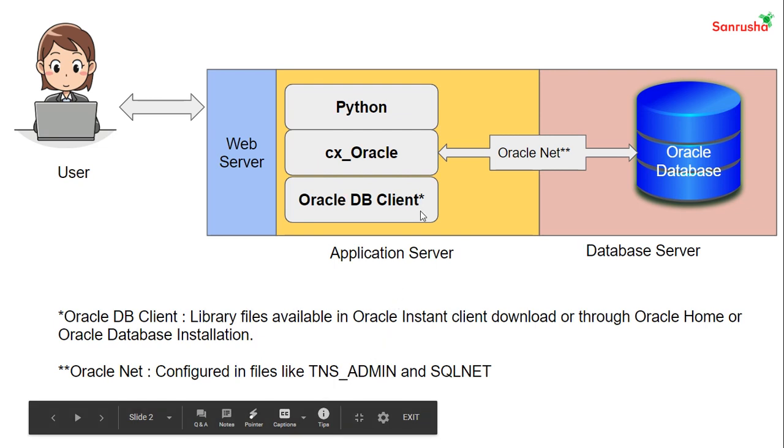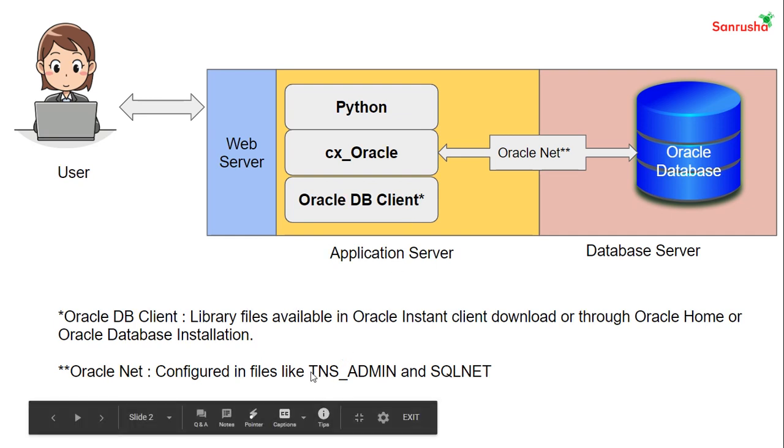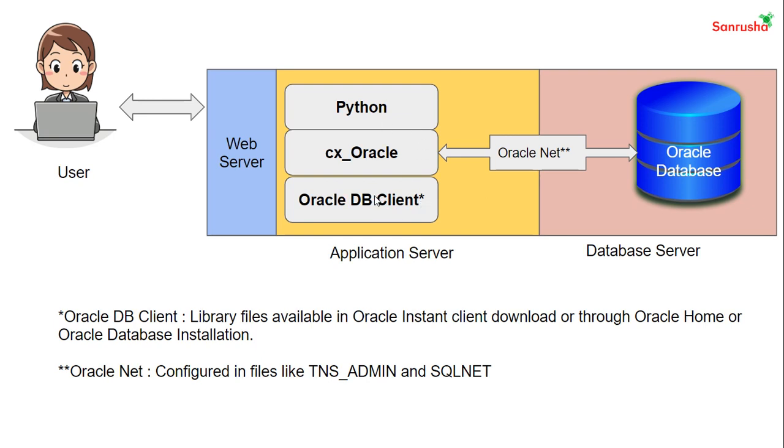When you install the trial Oracle database in this course, you will understand the role TNS admin plays in that. So your application server needs something called DB client, and using DB client and TNS admin, it connects to the Oracle database. That's how you pass information from Oracle database to the application server and vice versa, right? So that is about how your application server will connect to the database.